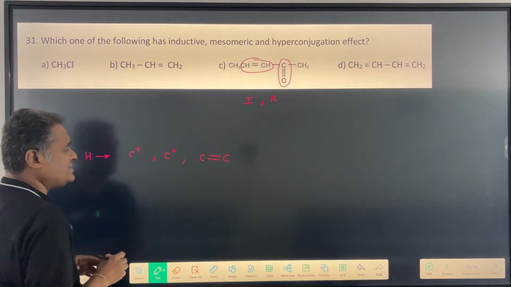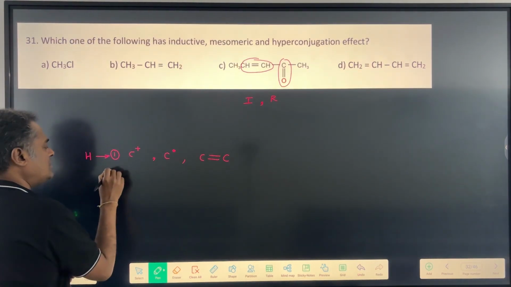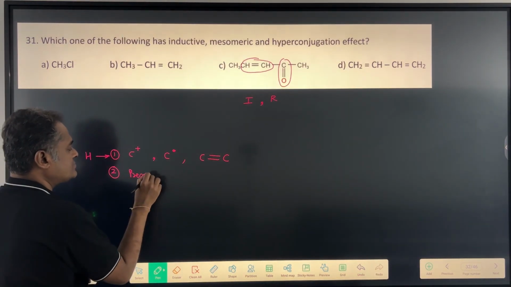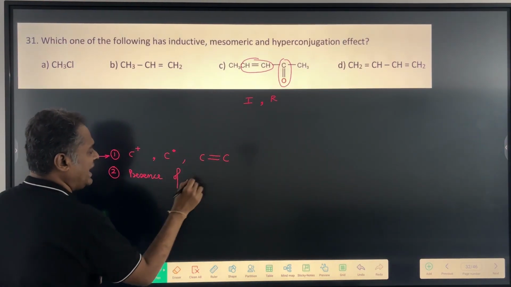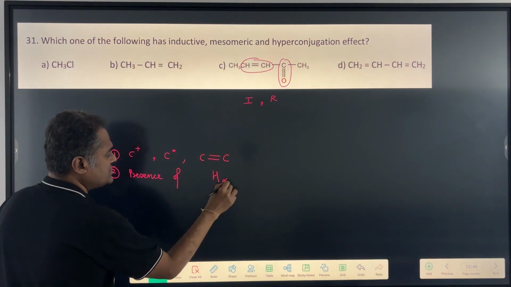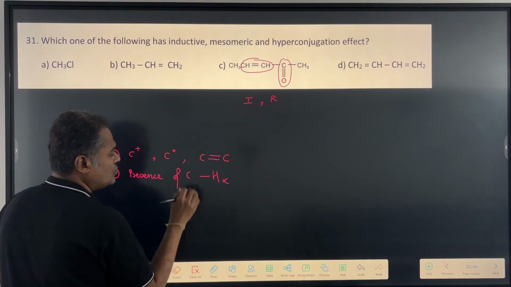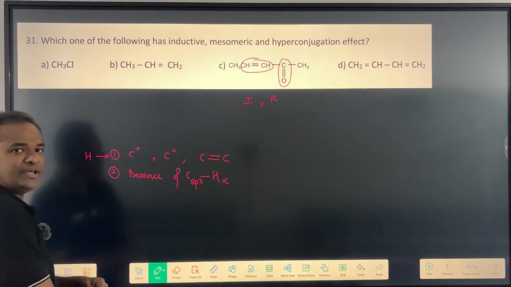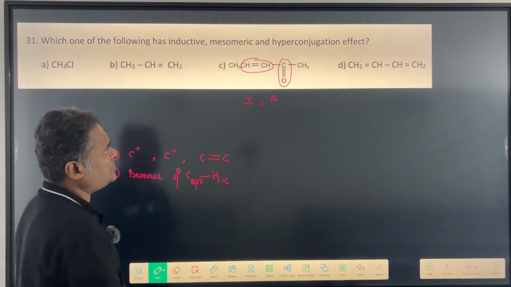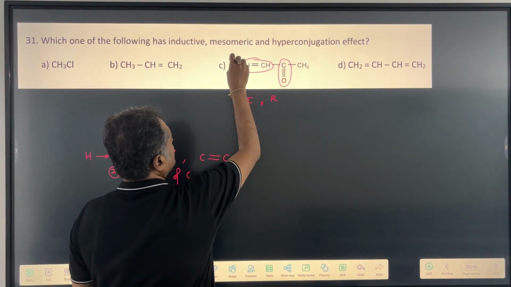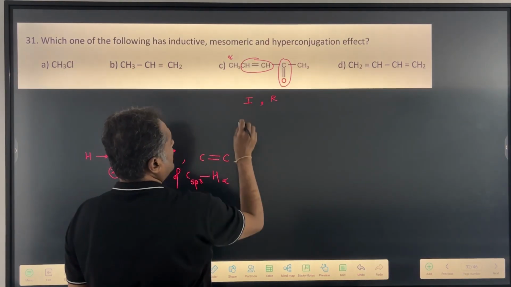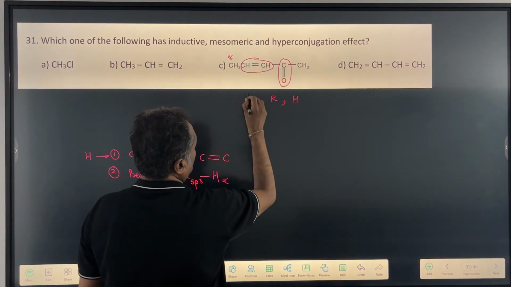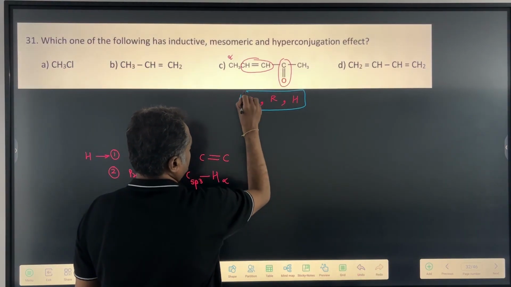And condition number 2 is presence of alpha hydrogen is a must, which should be attached to sp3 carbon. Is it clear? So as per this situation, in the alkene, the next carbon atom is alpha and it has 3 alpha H. That means here you can see all the effects possible.